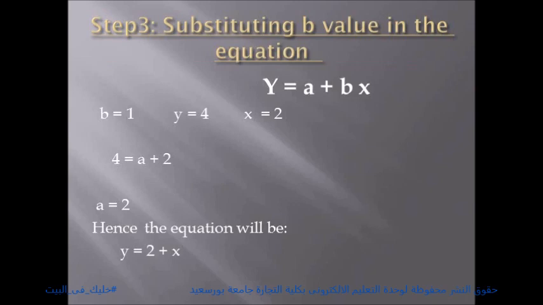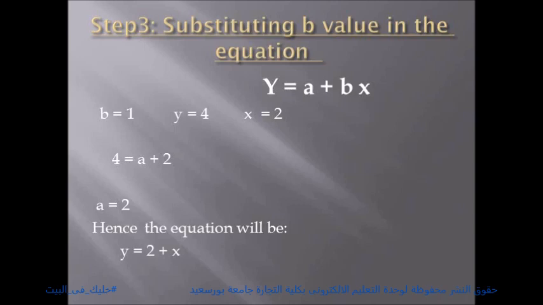Step number 3, we substitute the value of b, which is the slope, in our linear equation y equals a plus bx, while b equals 1. By using any of the 2 coordinates given in the example, you can substitute in the equation and find the equation which goes through the 2 points.